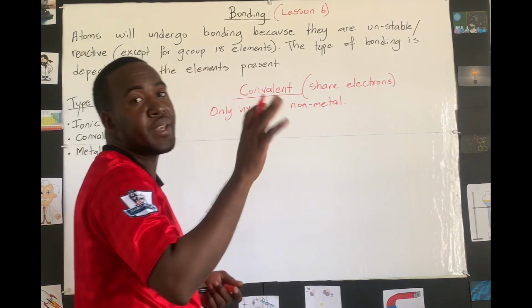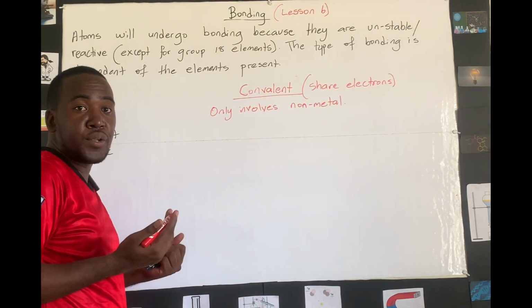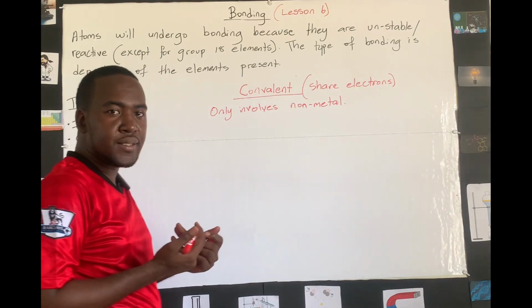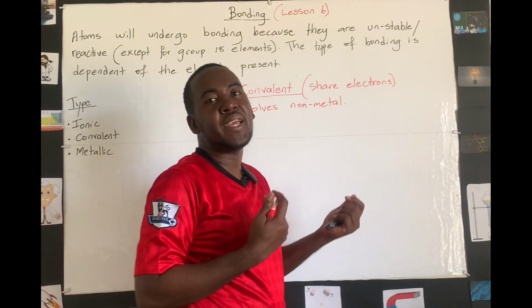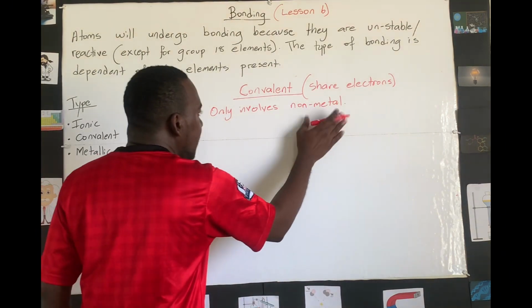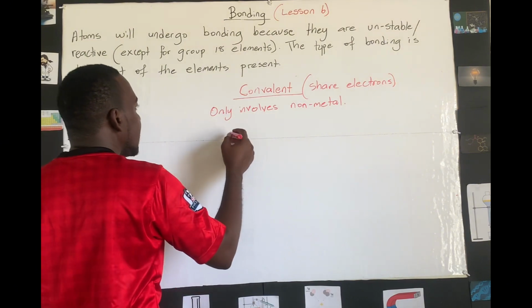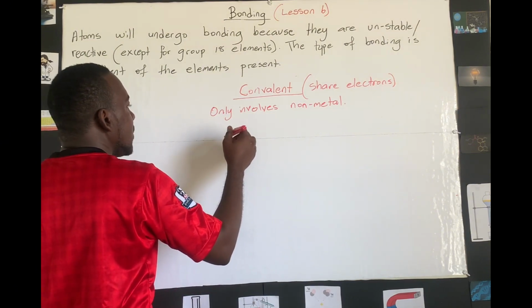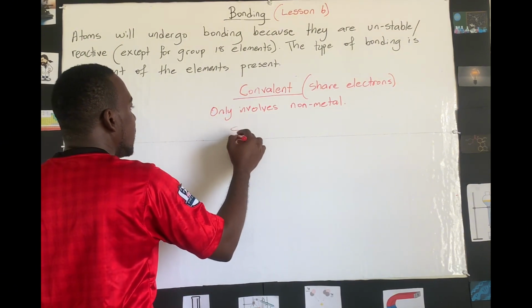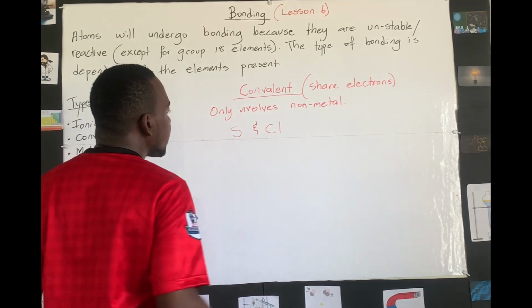So non-metal elements are the ones that will share electrons because they normally tend to want to receive electrons. So hence, if they both are receiving, then they can easily share electrons to become stable. And remember, stable means they will have 8 electrons on their outer shell, except for helium, that will have 2.